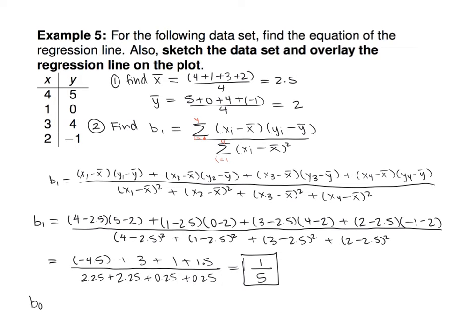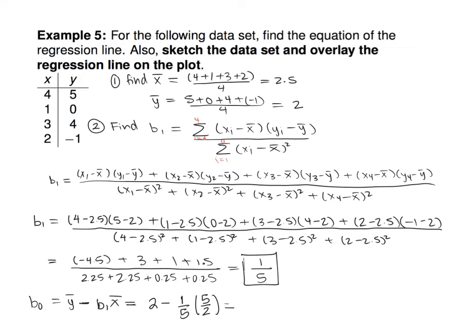Remember that beta naught is equal to y bar minus beta 1 x bar. And from the beginning, our y bar was 2. Beta 1 is 1/5. X bar was 2.5 or 5 halves.